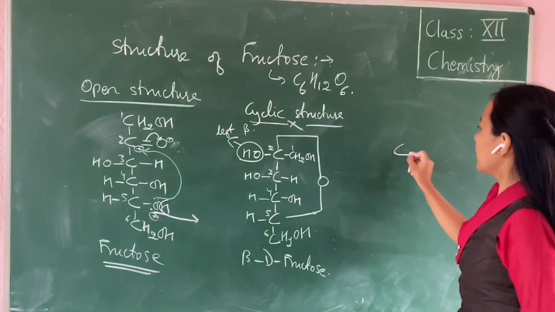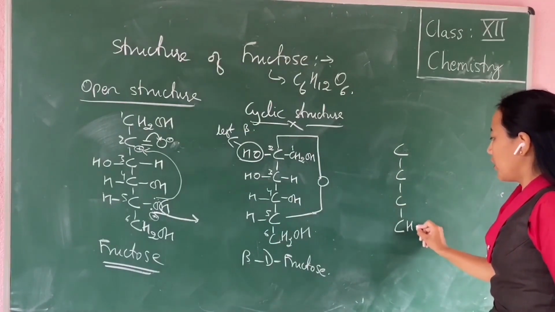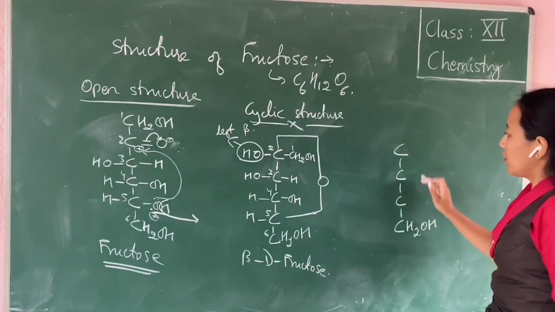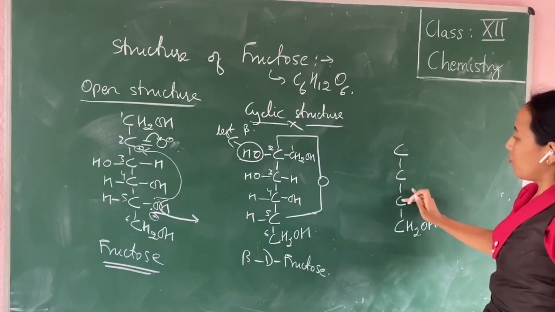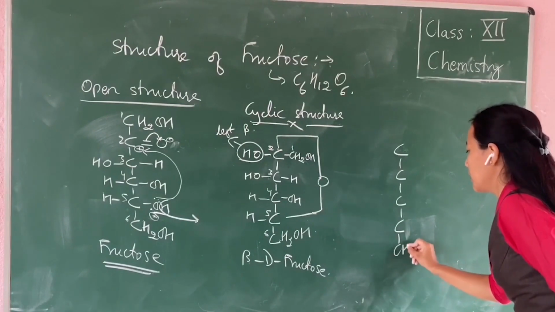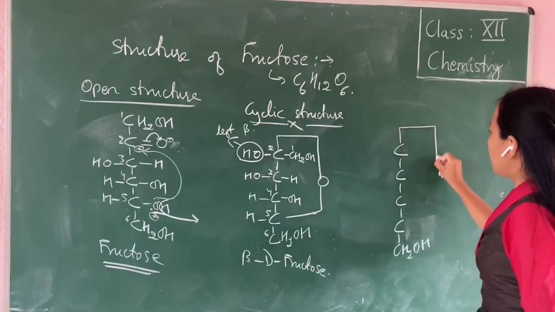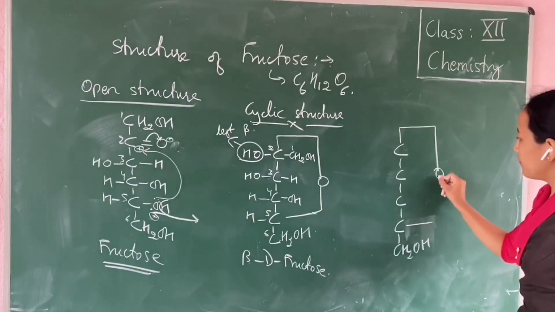You have second carbon, third, fourth, fifth. Second, third, fourth, fifth, sorry. And then you have your sixth carbon, that is CH2OH. Now this second carbon forms a bond with your fifth carbon atom.